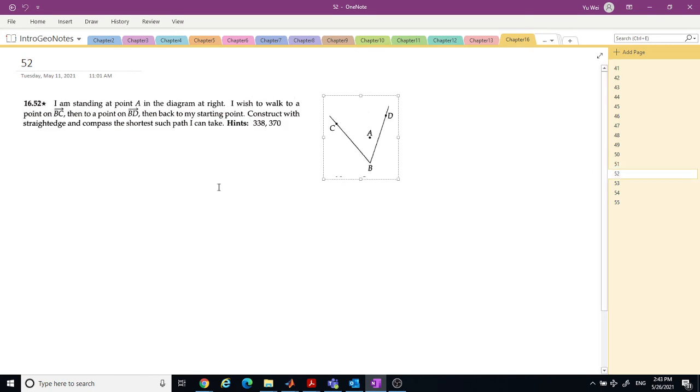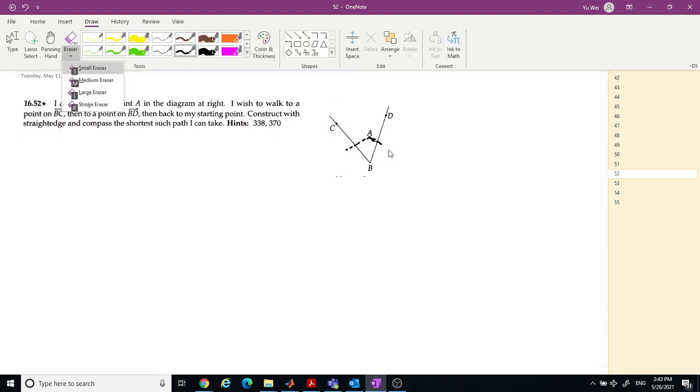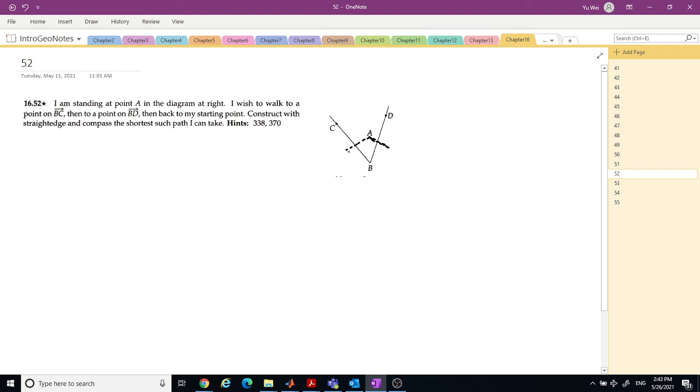So problem 52. Okay, I'm standing at point A. On the right, I wish to walk to the point BC, and then to a point BD, then back to A. Okay, so what is the shortest distance? The same thing. So this is A prime, A double prime.